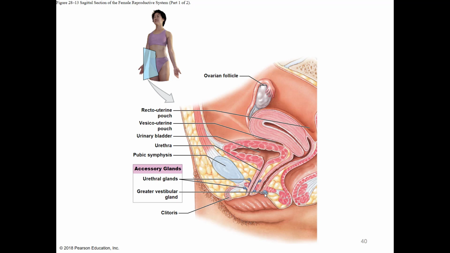Down at the bottom of the vaginal canal, there's the greater vestibular gland. And then here's the bladder and the urethra. And around the urethra, we have the urethral glands. Clitoris, labia minora, labia majora.